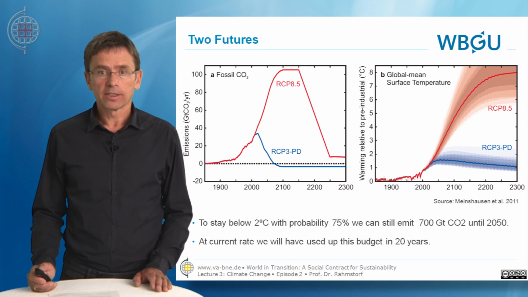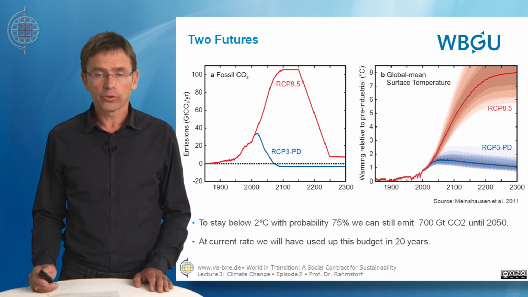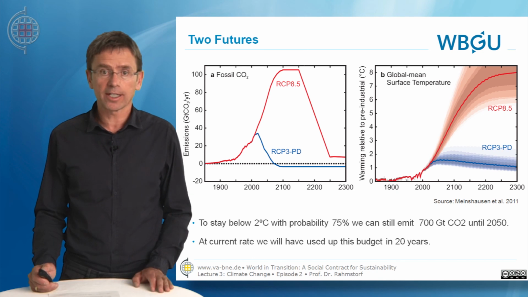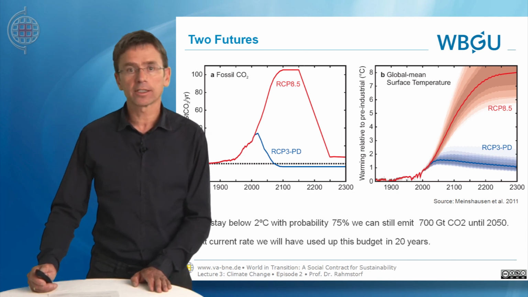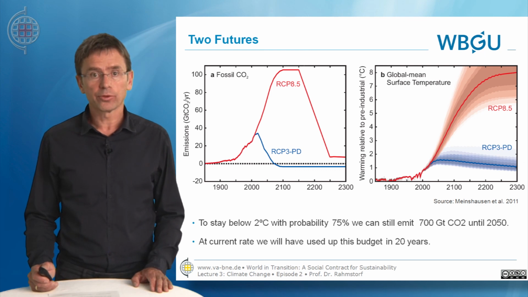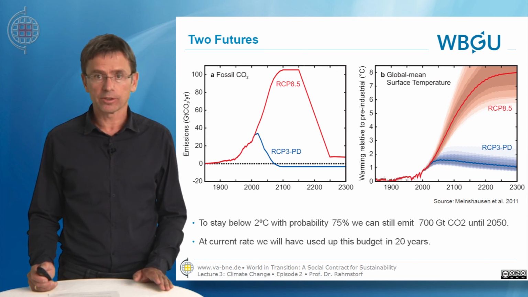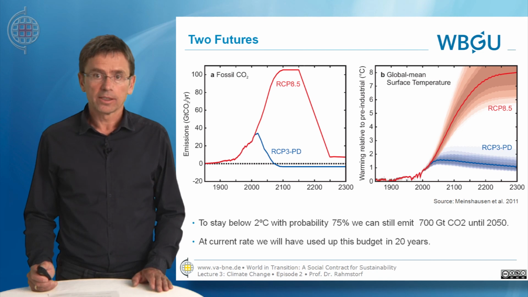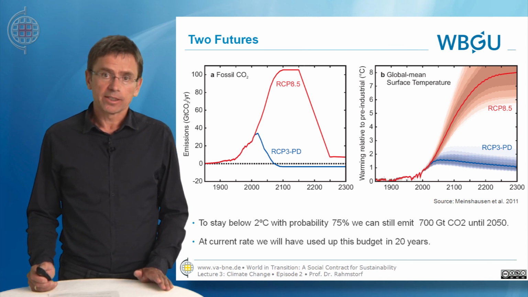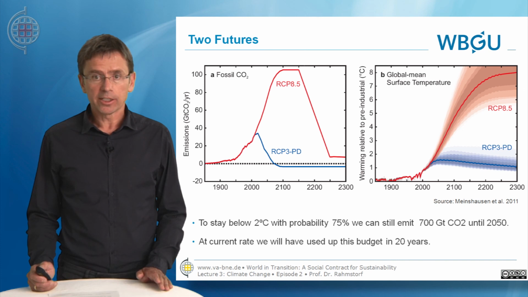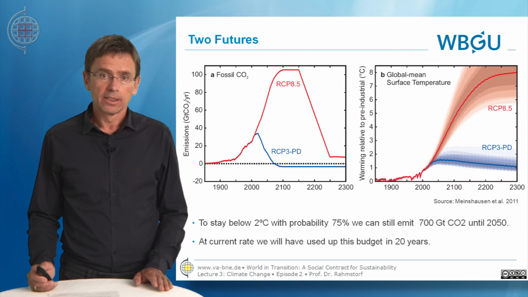The blue one is a scenario that keeps us with a good probability of about 2/3 below the 2-degree target, whereas the red one is a kind of worst-case emission scenario where the emissions continue growing until the end of this century before they are then leveled off and reduced. And you can see there's a huge difference in temperature. That's the right-hand graph, where the unabated emissions lead us to a world with about 8 degrees global warming versus less than 2 degrees in the blue emission scenario.